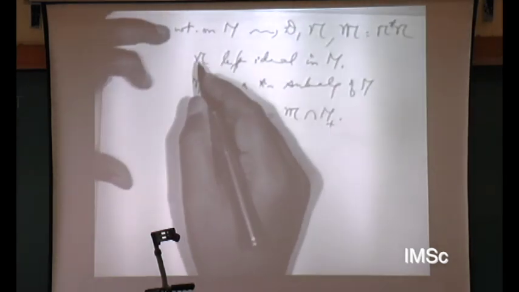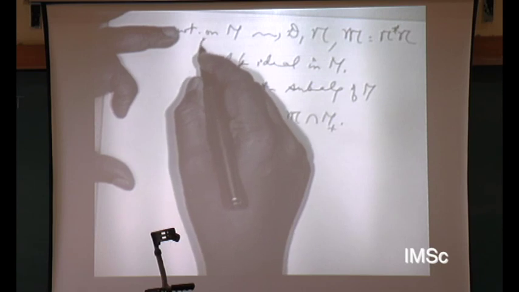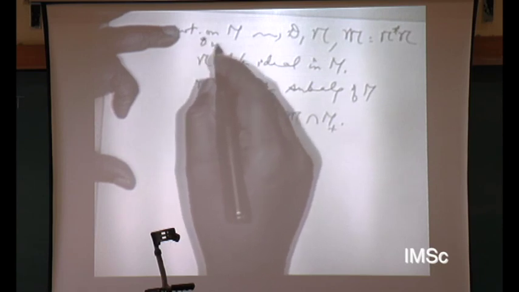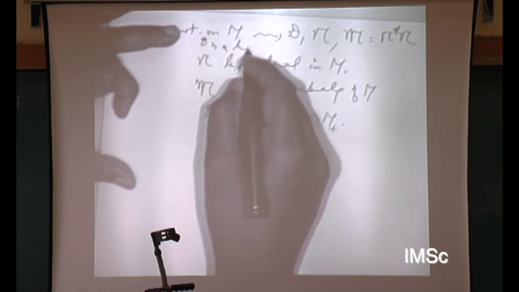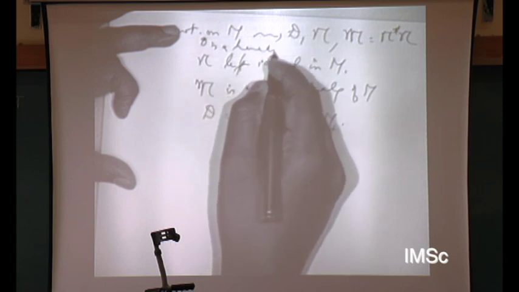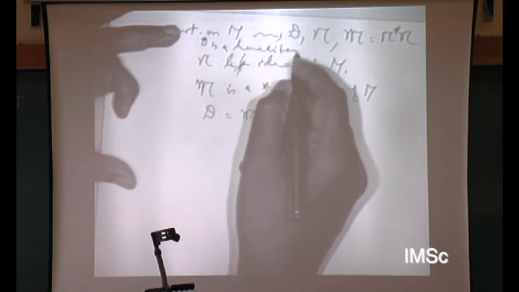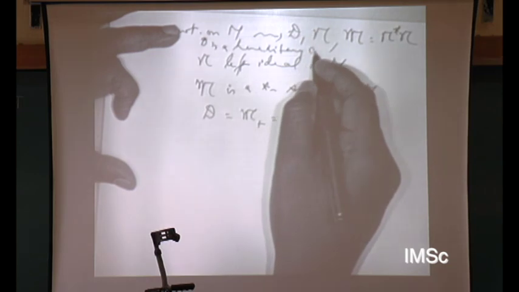Before this we had seen that D is a hereditary cone.